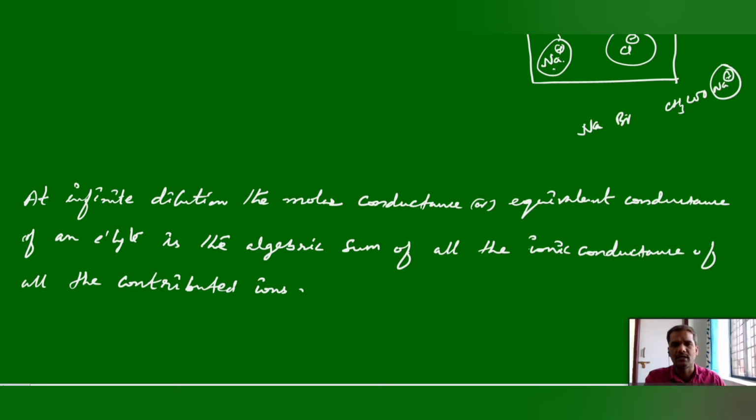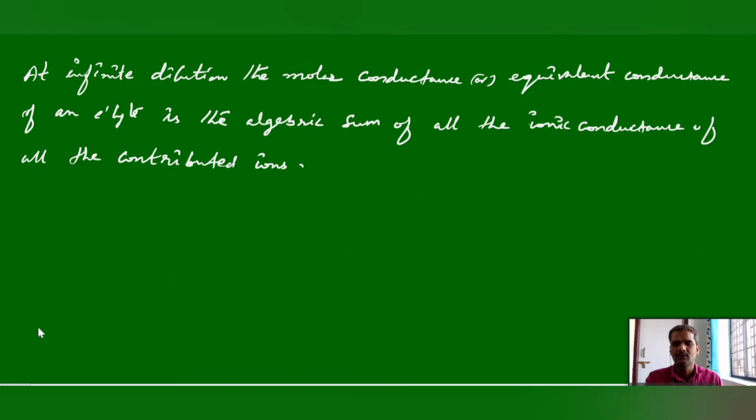That is the Kohlrausch law. So at infinite dilution, the molar or equivalent conductance of an electrolyte is the algebraic sum of the ionic conductances of all the contributing ions.